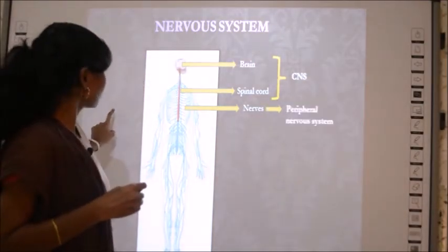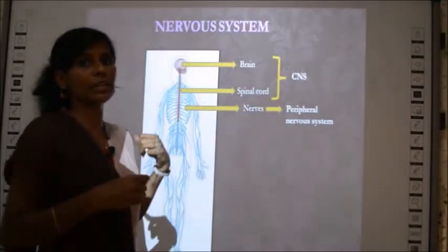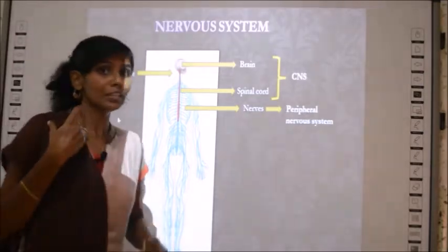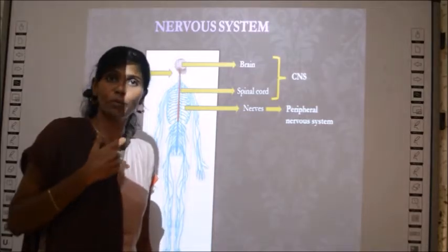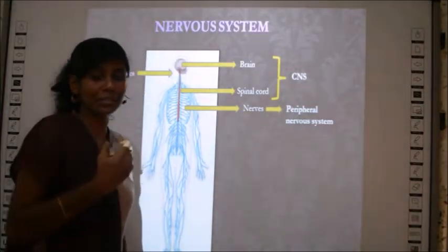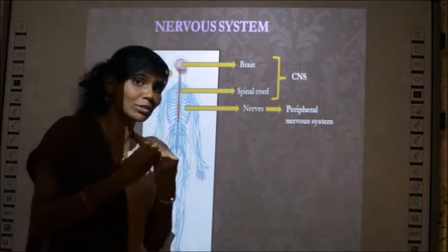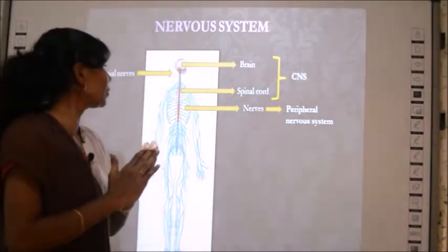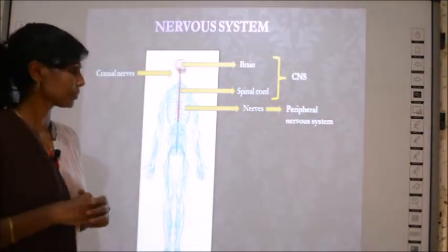So all these blue nerves are represented by the term peripheral nervous system, and the nerves of your face have a special name: you don't call them by the ordinary name nerves, you call the nerves of your face cranial nerves. So that's all about the diagrammatic representation of the nervous system.